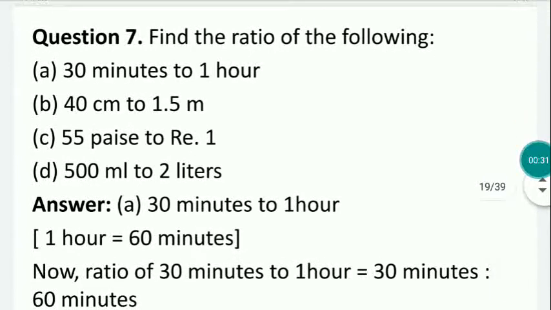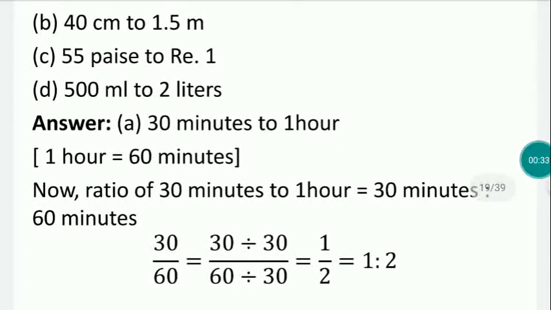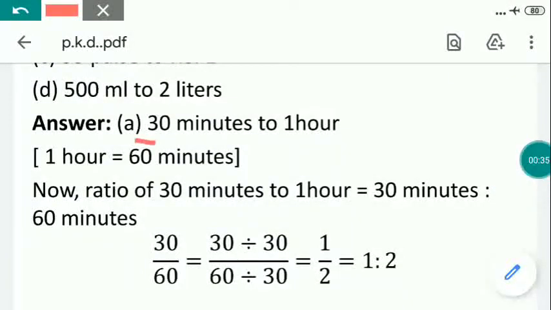So answer first, 30 minutes to 1 hour. See, 30 minutes and 1 hour, both quantities are in different unit. So we have to convert in same unit. Now we convert hour into minute. We know that 1 hour is equal to 60 minutes.